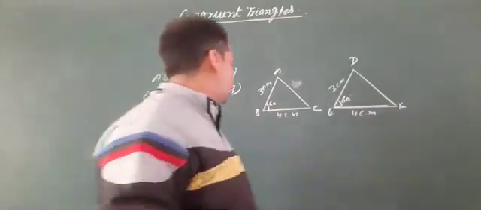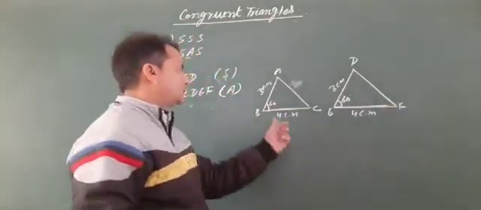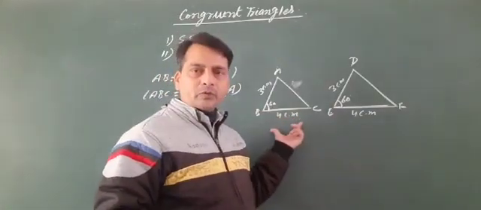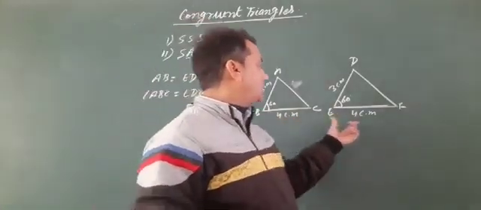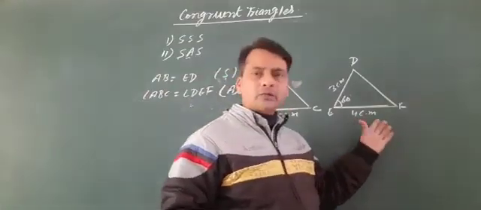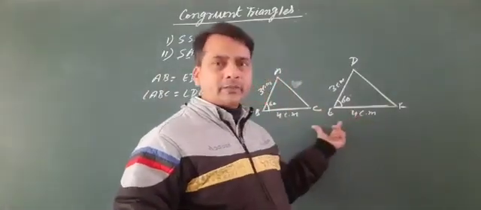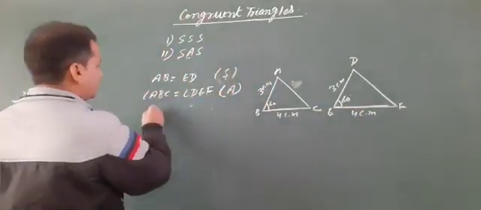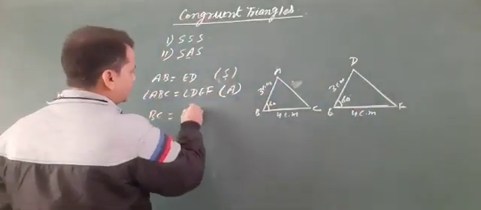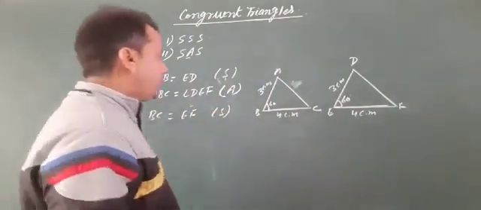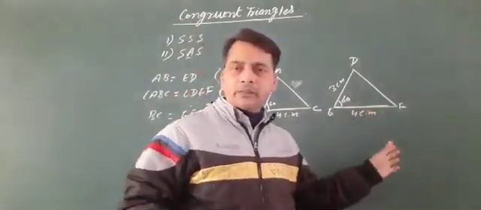Now next, the length of BC is 4 centimeter and the length of EF is also 4 centimeter. So both sides are the same, BC equal to EF, that is side.